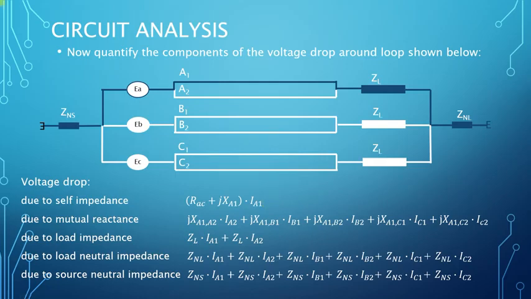There will also be a voltage drop in the cable conductor due to the currents flowing in every other conductor in the two three-phase cable system.